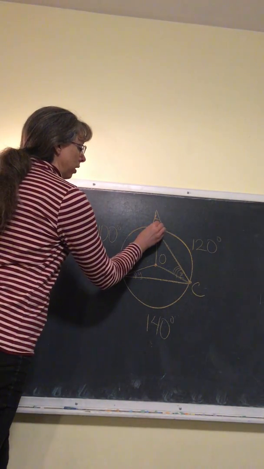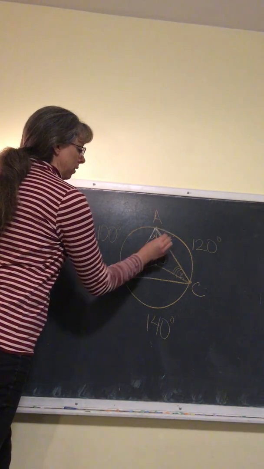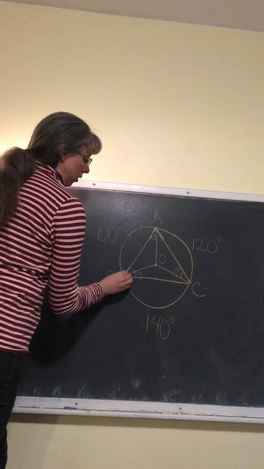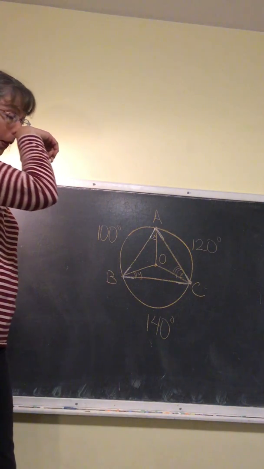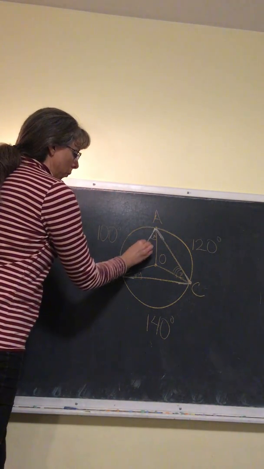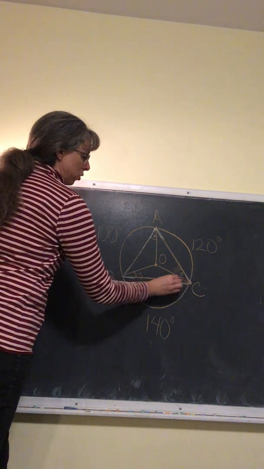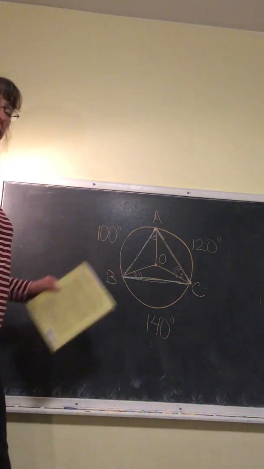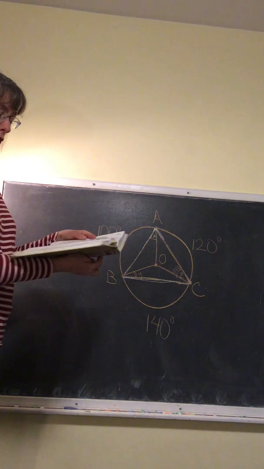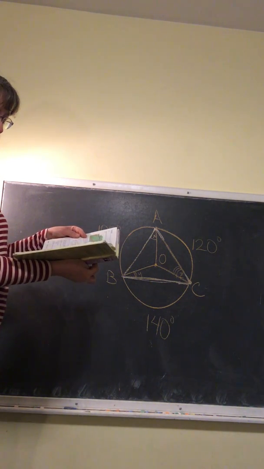So this angle here, and this angle here, and this angle here. With respect to the triangle, what are they called? Well, those are inscribed angles. Their vertex is on the circle, and their sides intercept the circle in two other places.